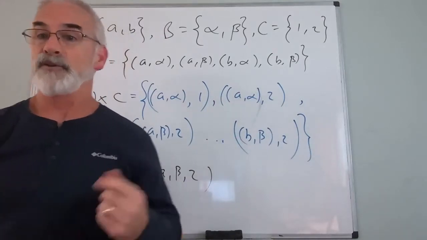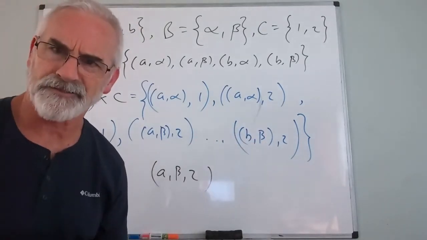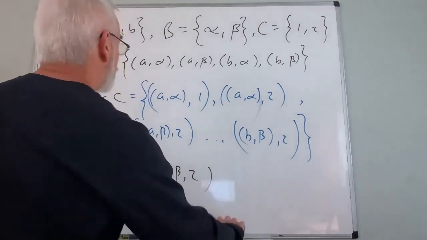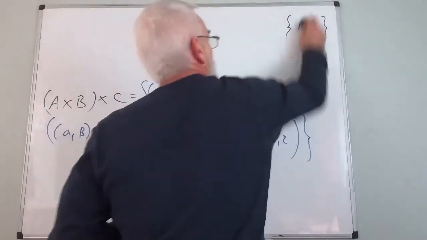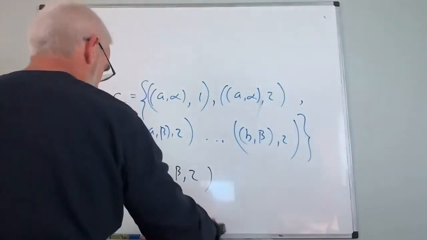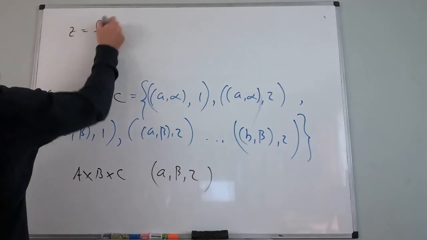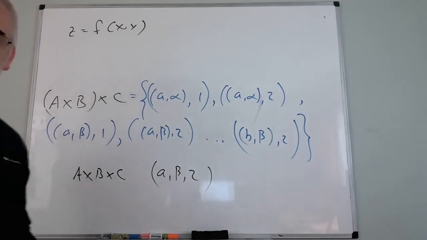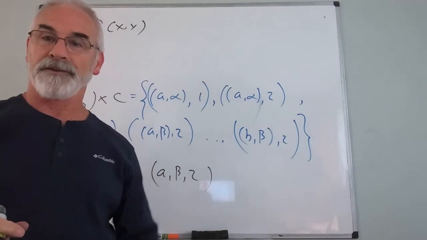Now, do we ever do things this crazy? Do we ever look like that? Actually, yes, this is all of Calc 3. How does all of Calc 3 look like this? Well, if you're in this class, I'll assume you probably have some exposure to Calculus 3. In Calculus 3, I do things like this. Let's call Z f of xy. What is my input? My input is an ordered pair. What's my output? A scalar.